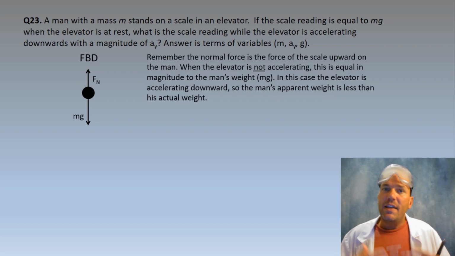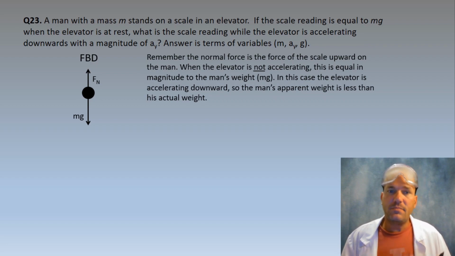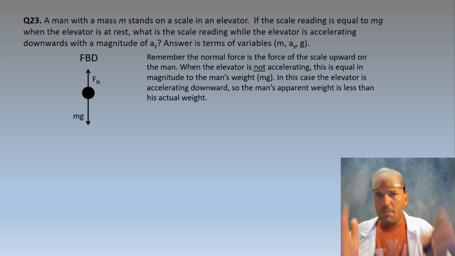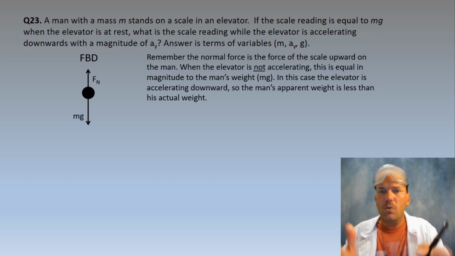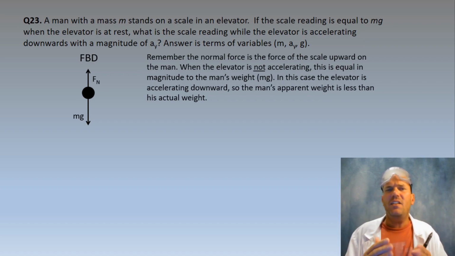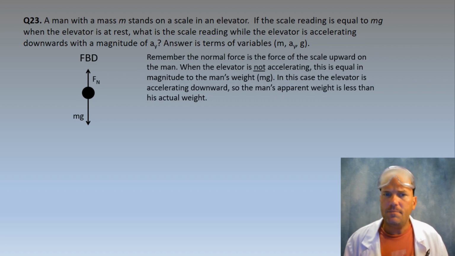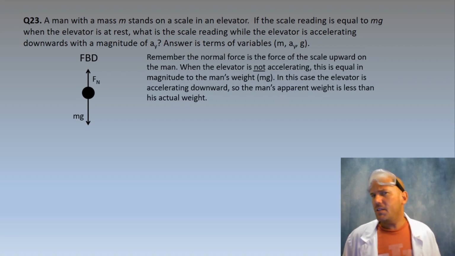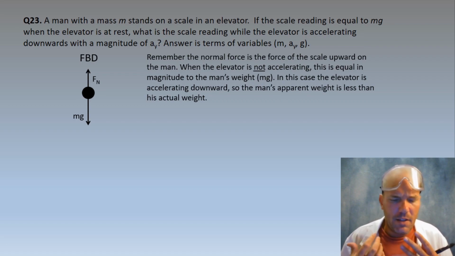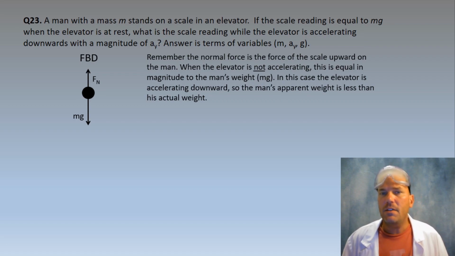Force normal is less. So remember this, guys, that the normal force is a force of the scale upward on the man. Okay? So when the elevator is not accelerating, force normal is equal in magnitude, opposite of direction for the force of gravity.